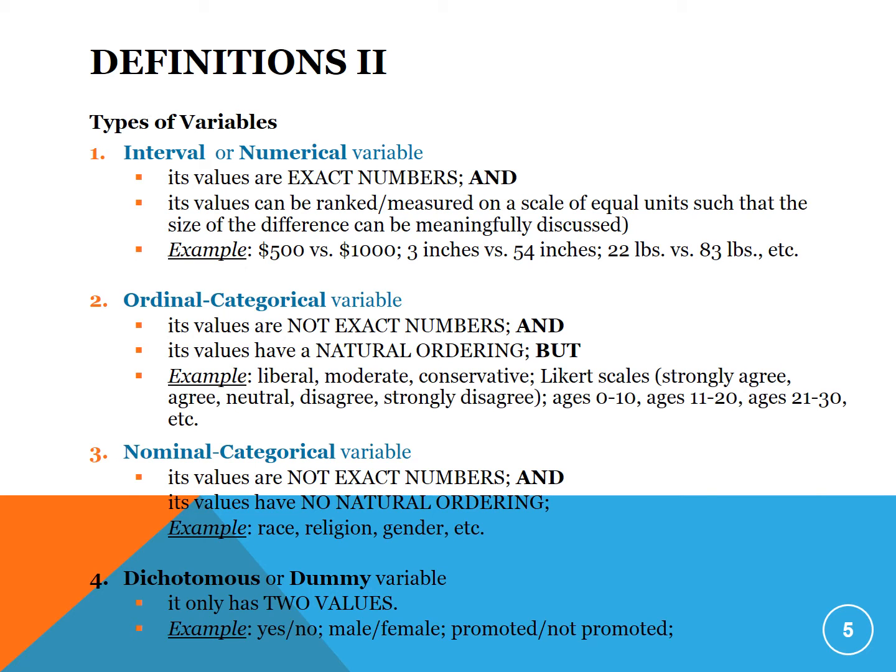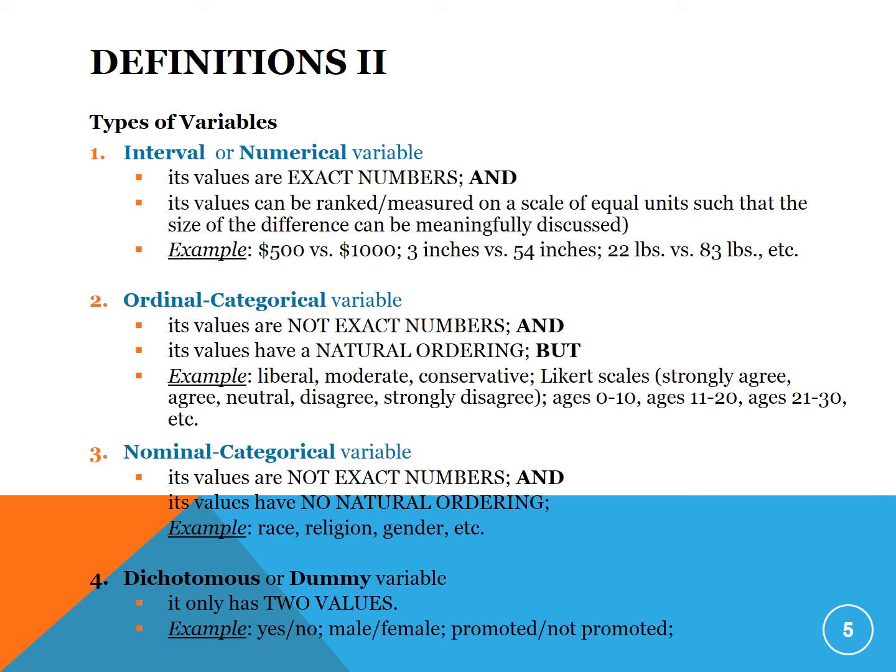Now let's look at the nominal variable. Again, there are categories, but there's no natural order. I give some examples here, such as race. We don't know whether white is greater than black. Some people might think otherwise. Or in terms of color in general, we don't know if blue is greater than green, is greater than orange.